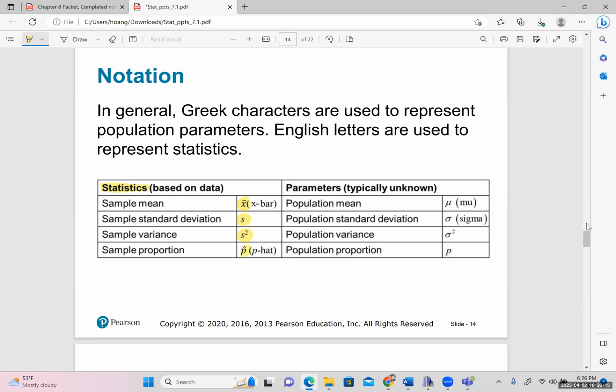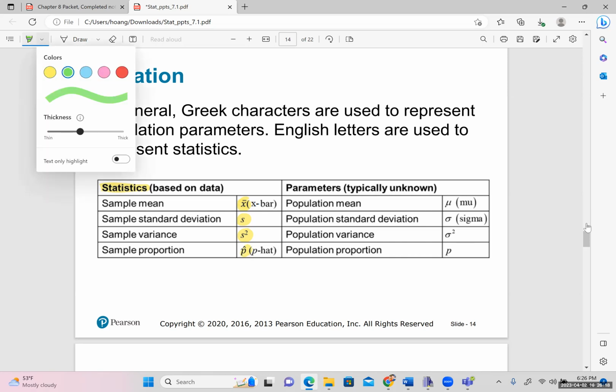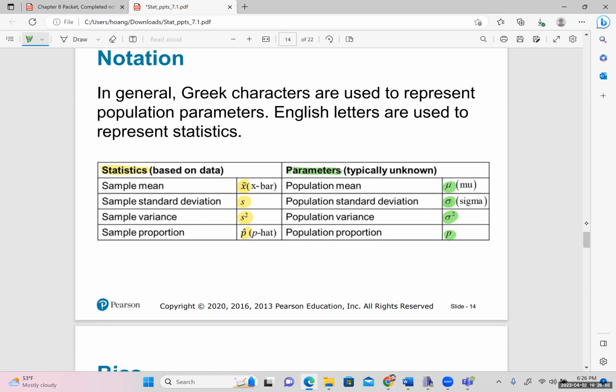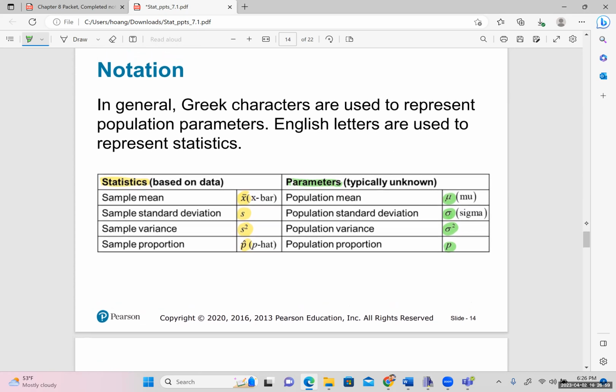Since today we learned about parameters, we're going to learn about the population mean, the population standard deviation, which is sigma, the population variance, which is sigma squared, and for the population proportion, it's just p without the hat. That's all we have for notations.